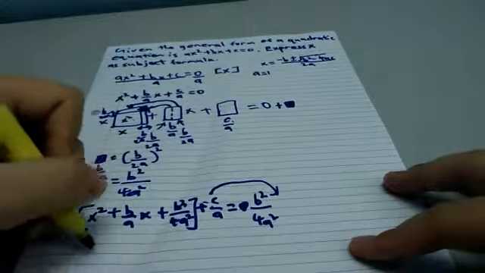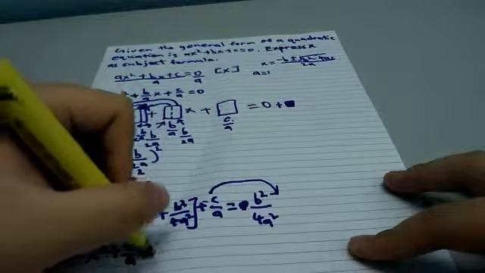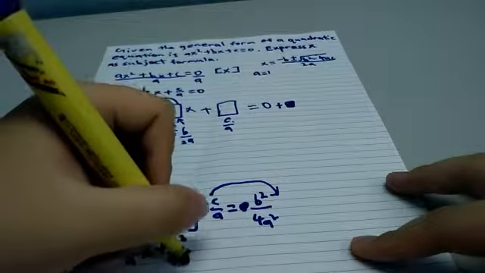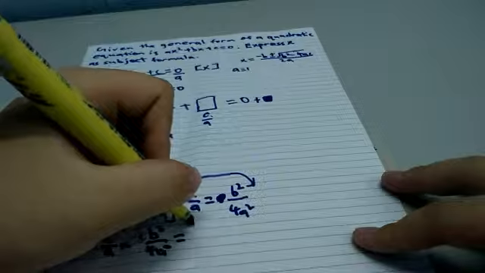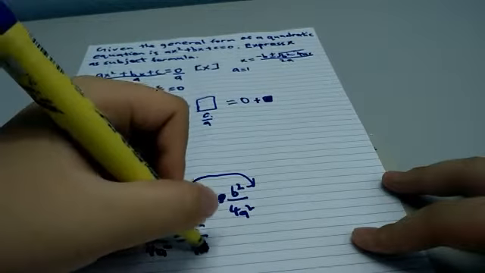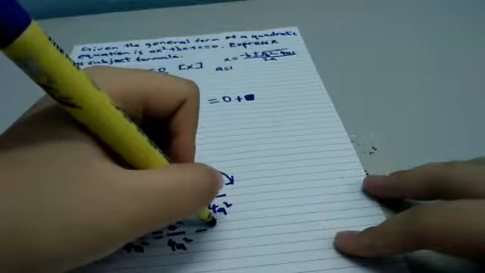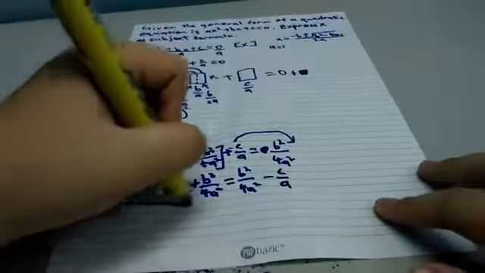So this will be x squared plus b over a x plus b squared over 4a squared, which is equal to b squared over 4a squared minus c over a. And then we factorize this.